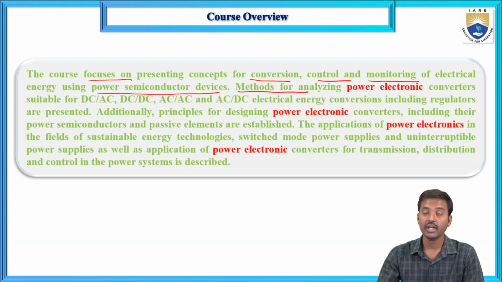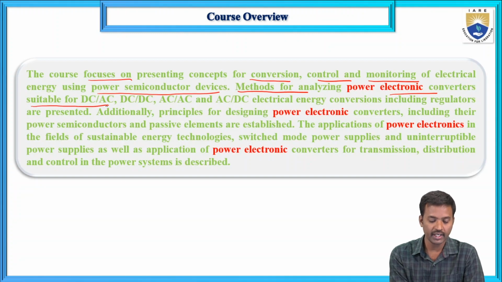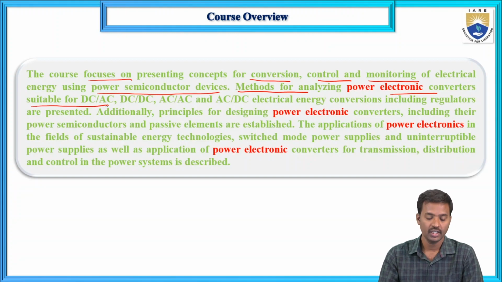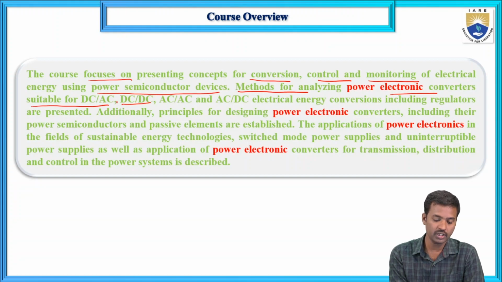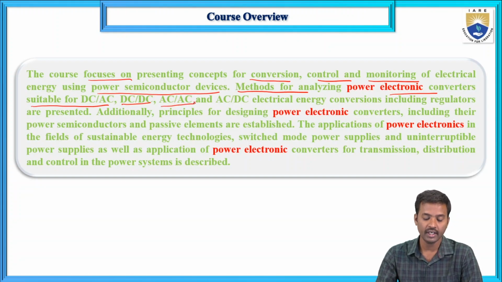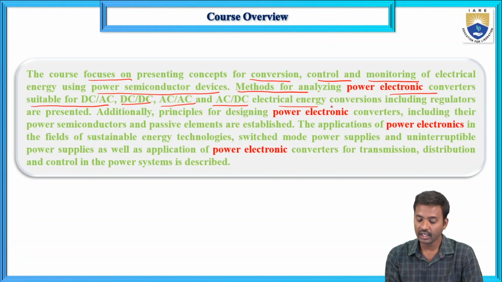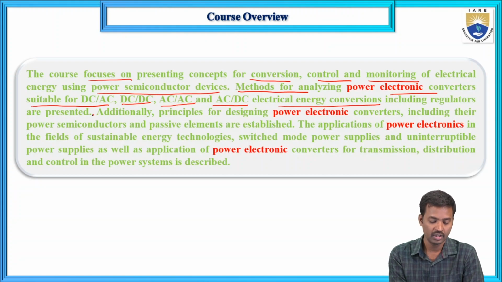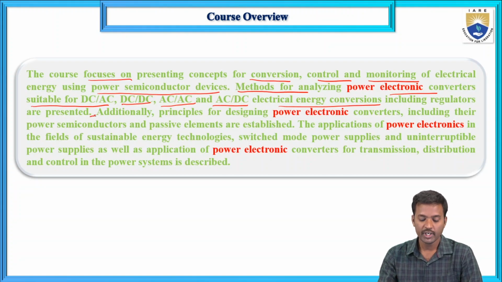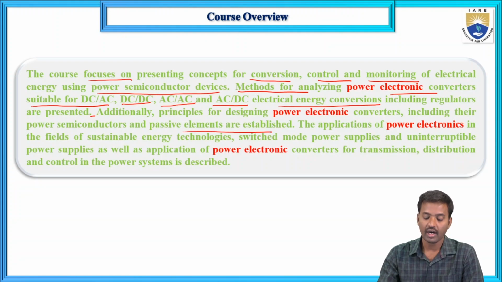Next, methods for analyzing power electronic converters that are suitable for AC to DC to AC and DC to DC choppers. DC to AC means inverters, AC to AC cycloconverters, and AC to DC rectifiers. Electrical energy conversions including regulators are presented. Additionally, principles for designing power electronic converters, including their power semiconductors and passive elements, are established.